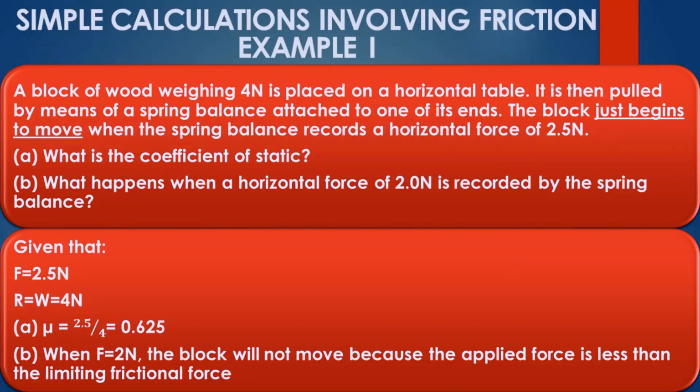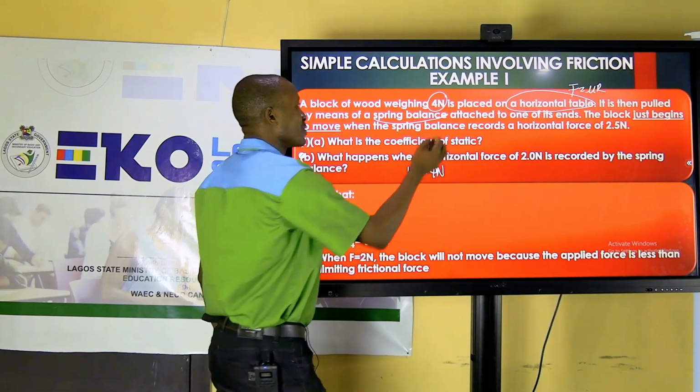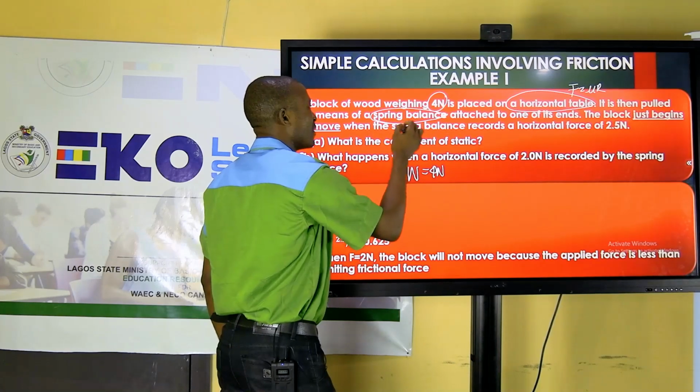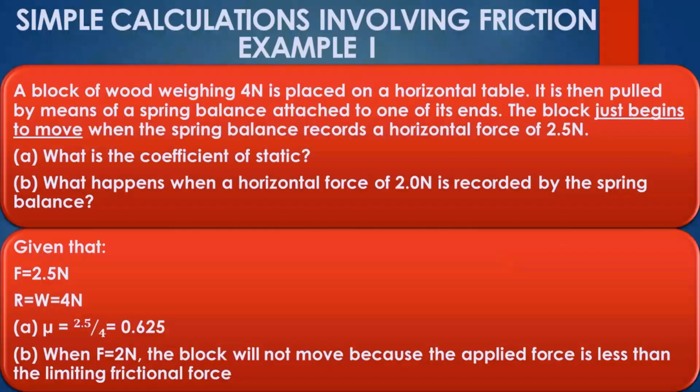So it is then pulled by means of a spring balance. Then take note, spring balance measures weight, and weight is a form of force. So whatever information you have for spring balance can also work as force. So attached to its end, the block just begins to move. Look at that part of the statement underlined.